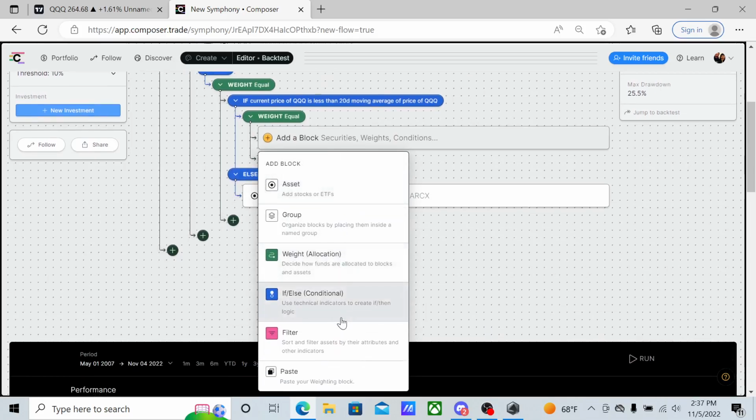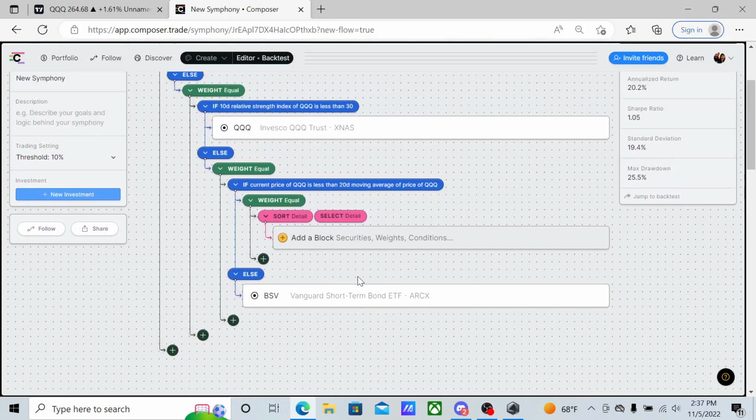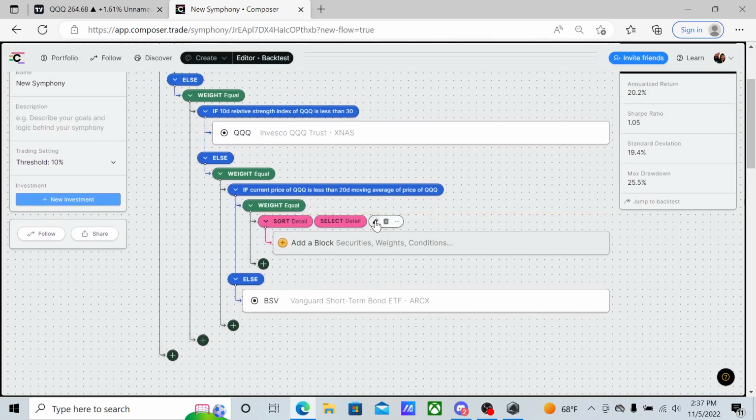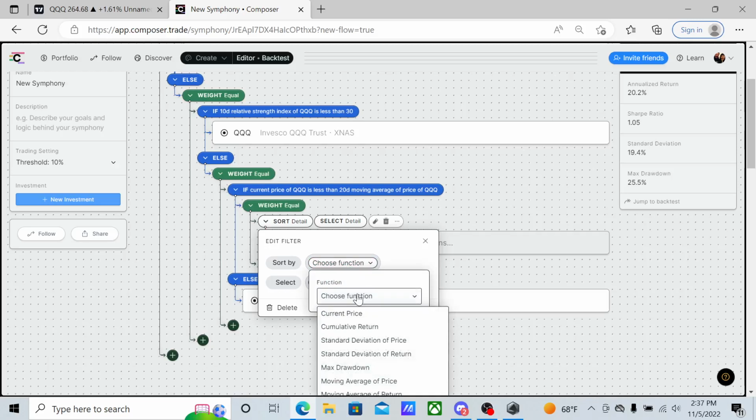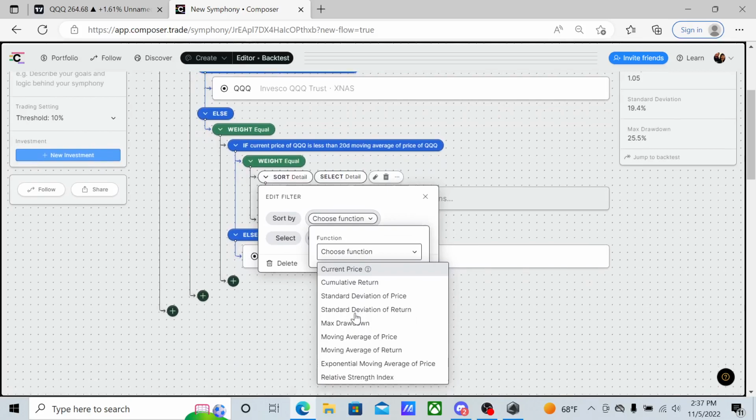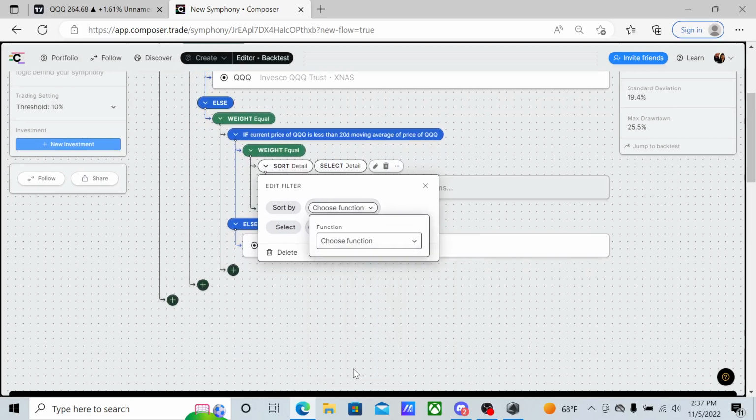So what you can do is go here to a filter. It says sort and filter assets by their attributes and other indicators. So essentially what you're doing is sorting between the RSI of bonds and inverse ETFs. So if you go down here, simply plug in relative strength index.